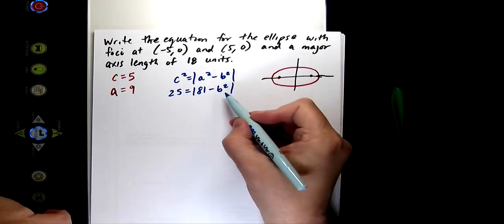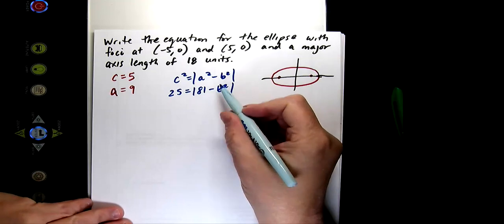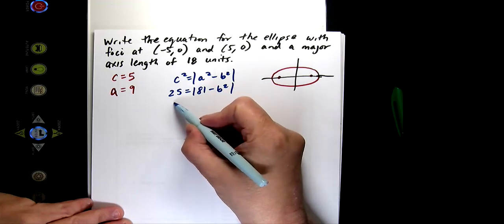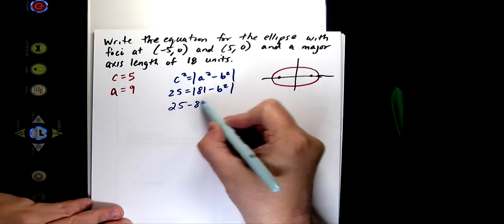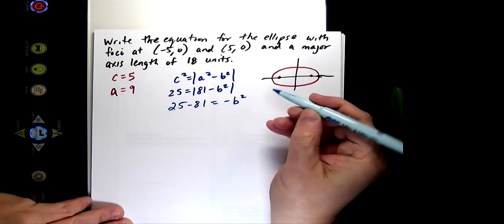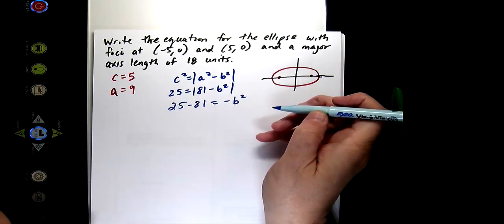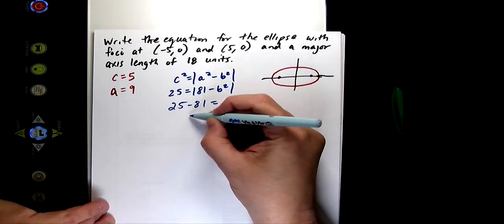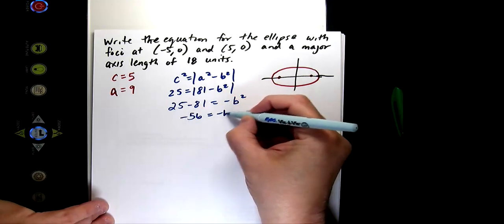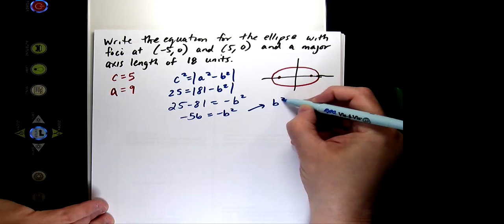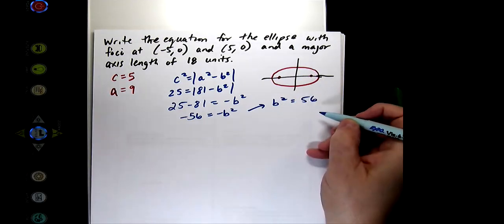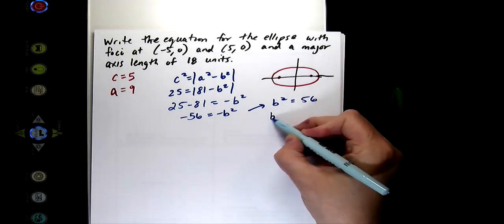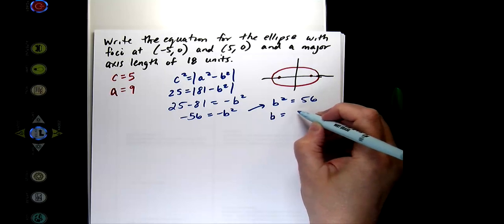B has got to be positive anyway. So if I do 25 minus 81, what do I get? 56? So -56 equals negative b squared. So b squared is positive 56, which means b is square root of 56.